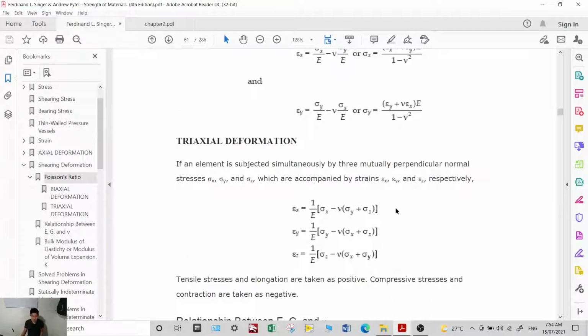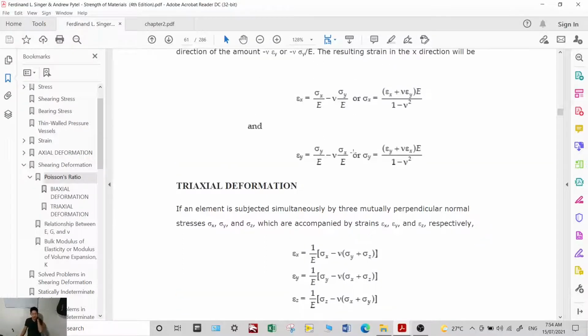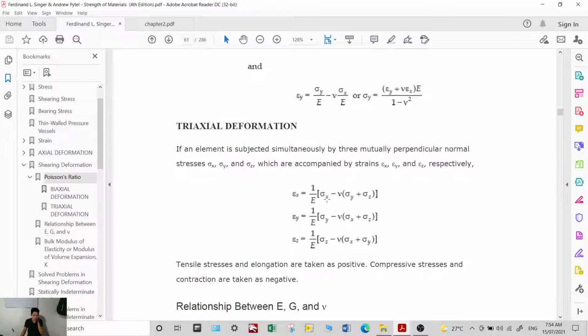In order to get the total strain in the x direction, you use this: 1 over E times sigma x minus the Poisson's ratio times the stress in y, minus the Poisson's ratio times the stress in z. So it's easy, it's similar to the two-dimensional case, then you just add v sigma z over E. Okay?